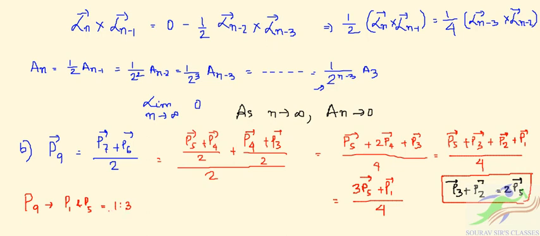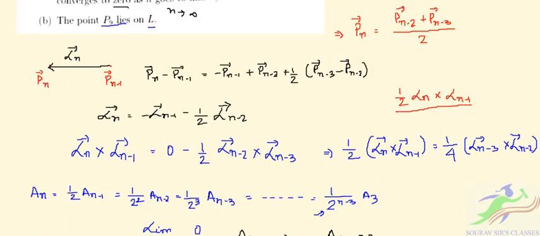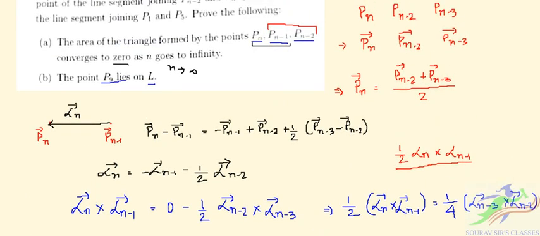So P9 lies on the line joining P1 and P5. So this proves our second option, that is B. P1 and P5 all lie on the line L. So this also proves our point.